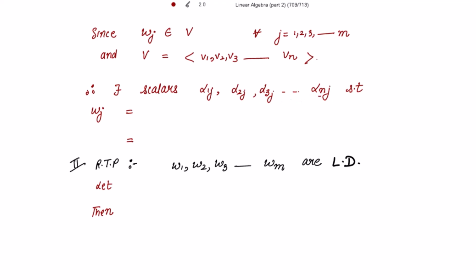Why n? Because the first scalar is for V1, the second is for V2, the third is for V3, and the last one is for Vn. So we have to write down the linear combination with these vectors.